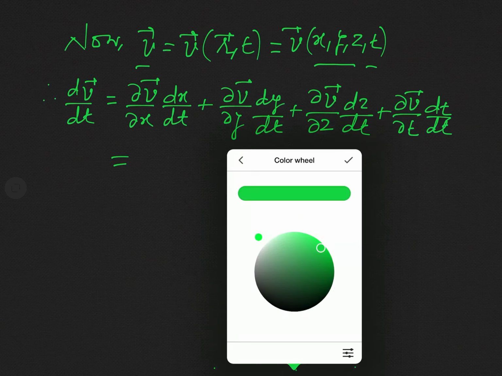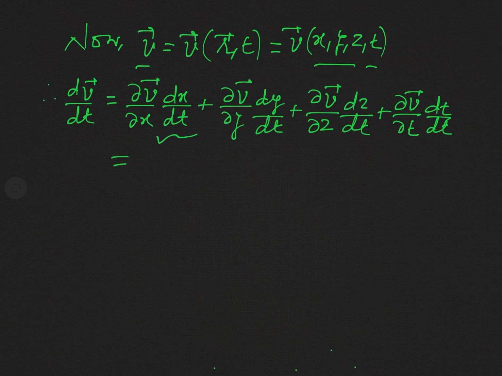And you know what is this dx by dt? Actually this is x component of the velocity, and similarly this is y component of velocity v, this is z component of velocity v, and this dt is actually 1.